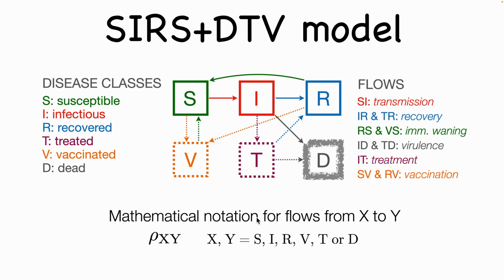The mathematical notation we use in our technical document to denote the flows is the symbol rho subscript xy, where x and y can take on the letters S, I, R, V, T, or D. So, for example, rho SI will be this flow, while rho RS will be this green flow.